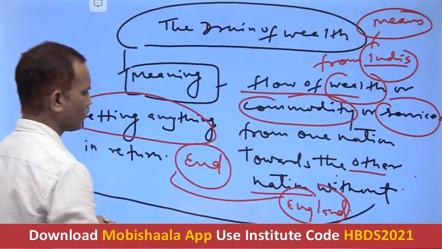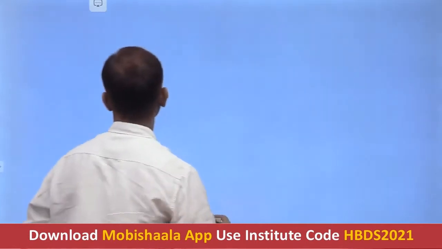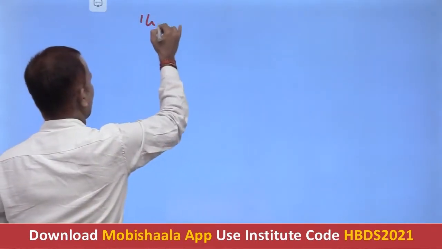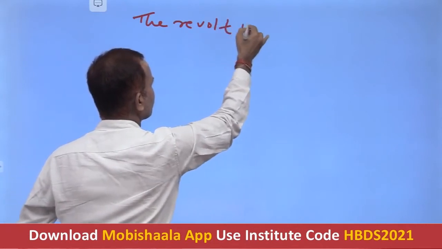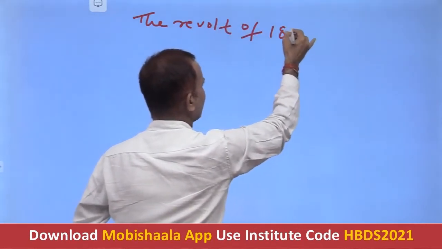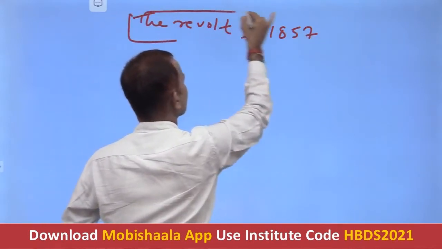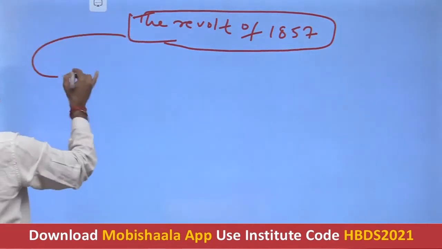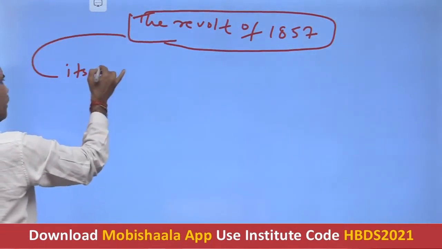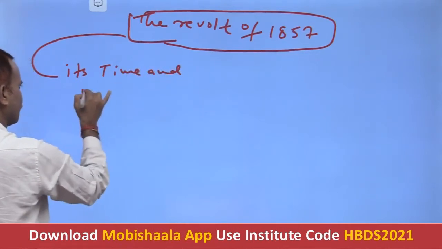See, the revolt of 1857. First, let us discuss its time and place.